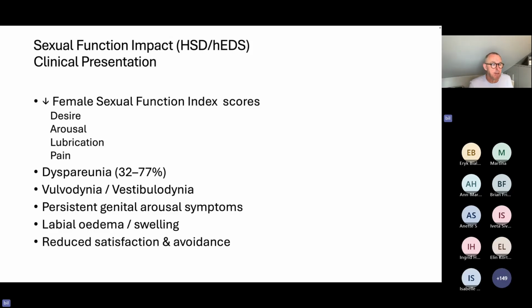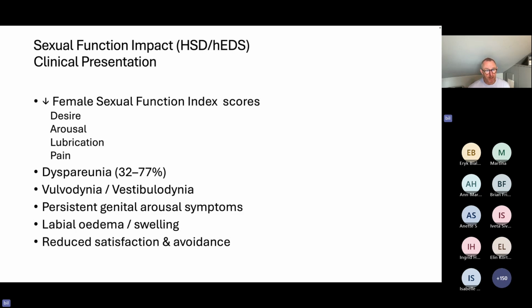It's something I always talk to my patients about, because if you look at patients when they fill in Female Sexual Function Index scores, looking at desire, arousal, lubrication and pain, they all have low, reduced scores. 32 to 77% of patients have dyspareunia, painful penetration.